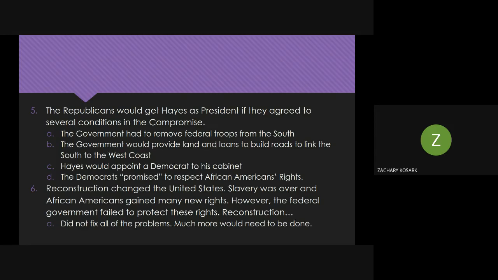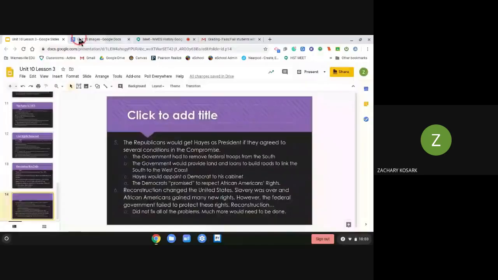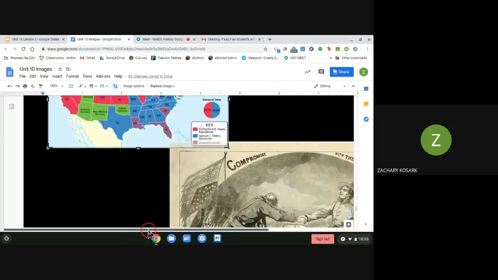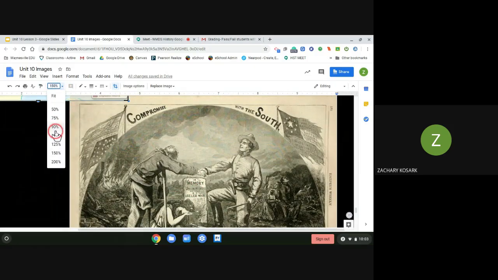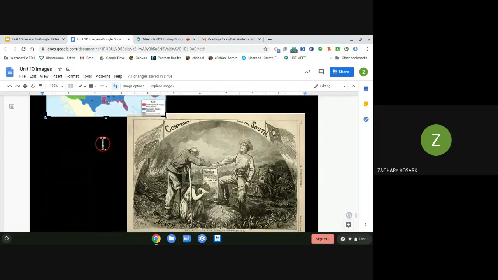So a lot of times the Compromise of 1877 is known as the Great Betrayal. And what that means is that for 10 years after the Civil War, the northern states and African Americans worked together to try to build African American rights and try to build a society in the South that could be equal for whites and blacks.